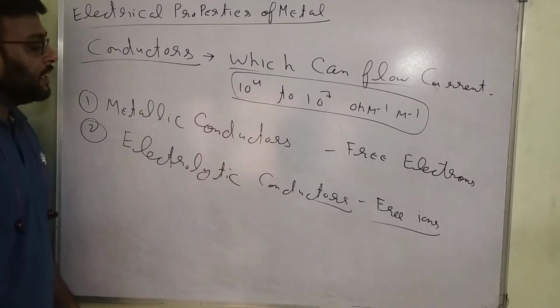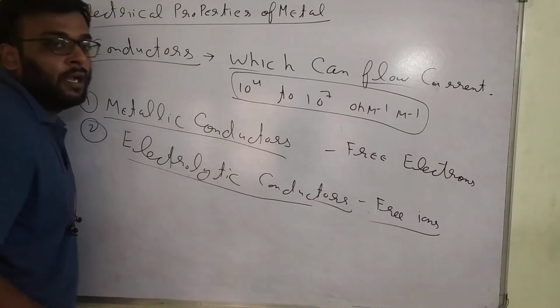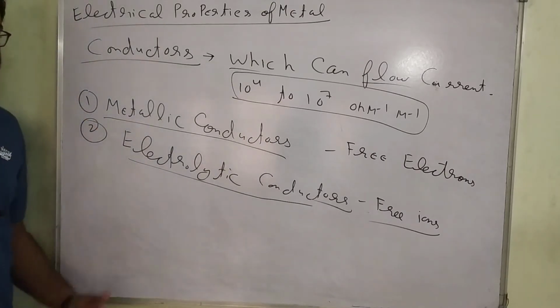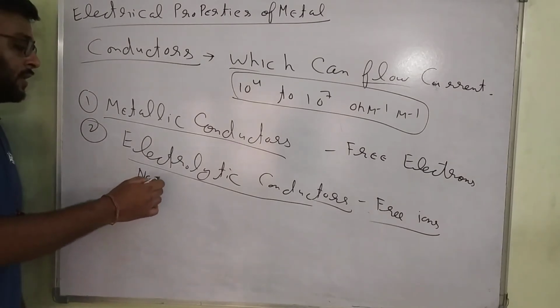Basically, what kinds of conductors are there? Metallic conductors, which you know, and electrolytic conductors. First of all, we will discuss electrolytic conductors. Just suppose we take the example of NaCl.